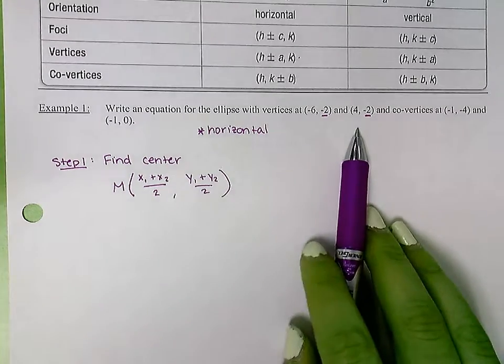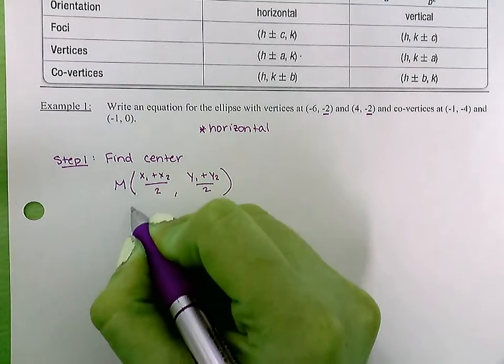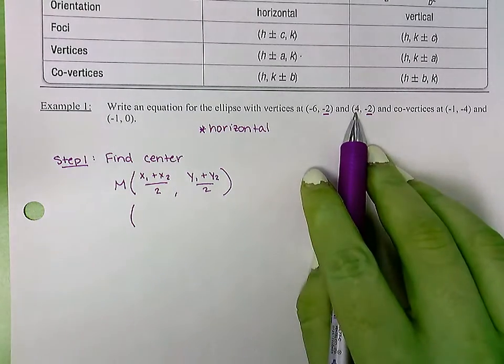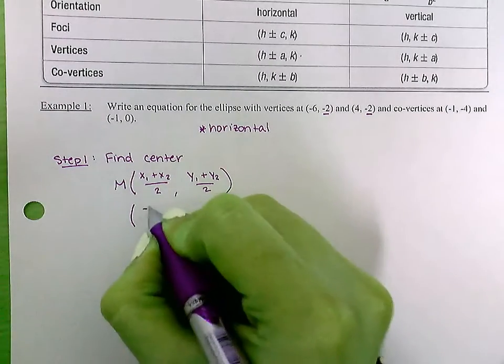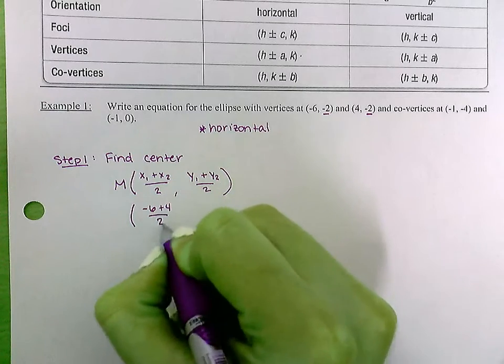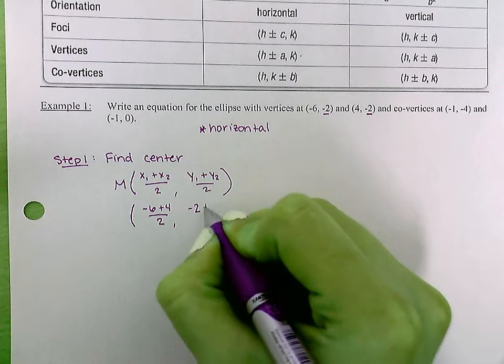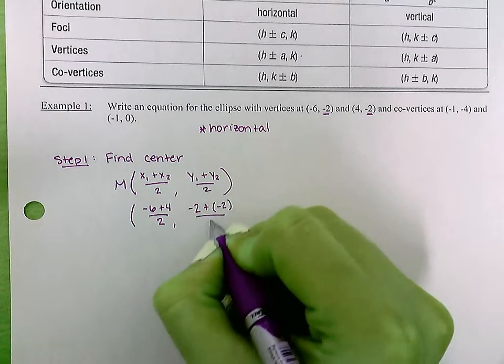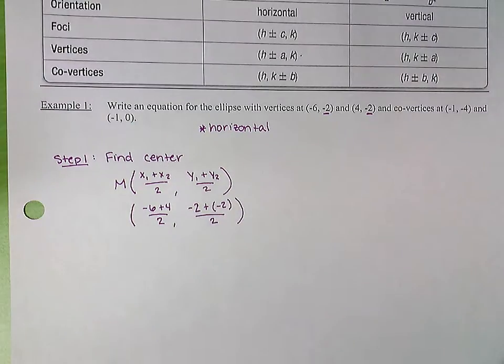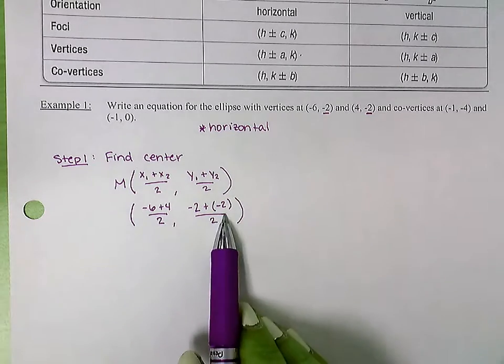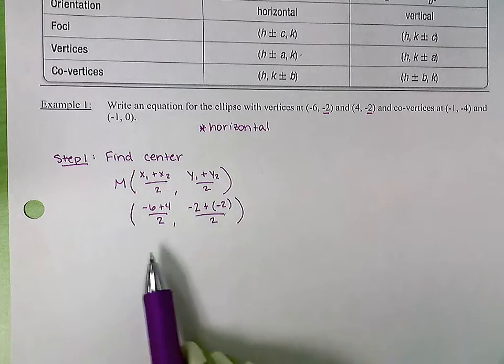So my center, I'm going to add together my two x values. So I have -6 plus 4 over 2. And I have -2 plus -2 over 2. So my two x's averaged, my two y's averaged.